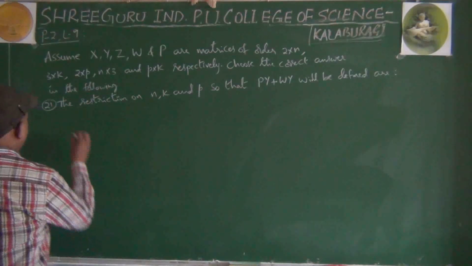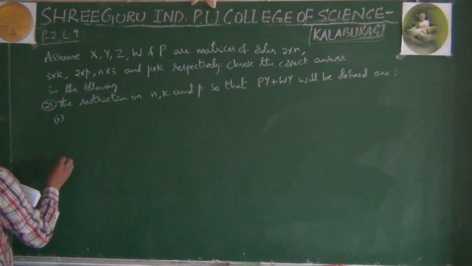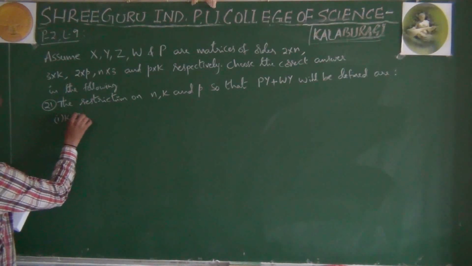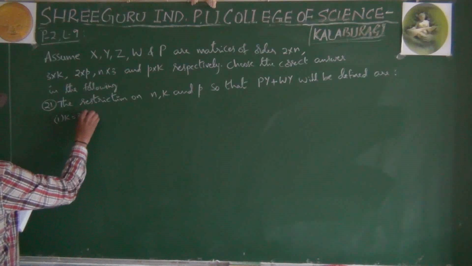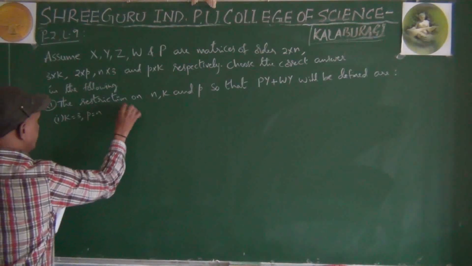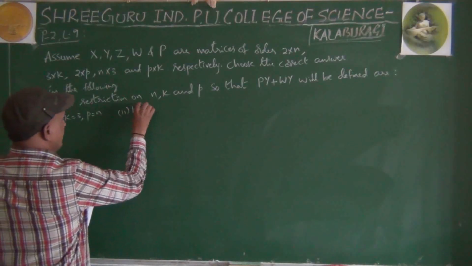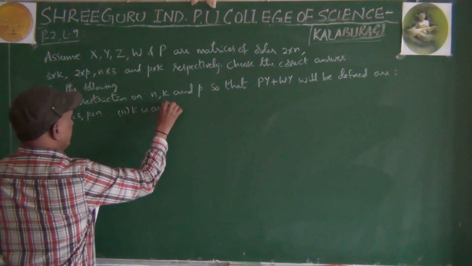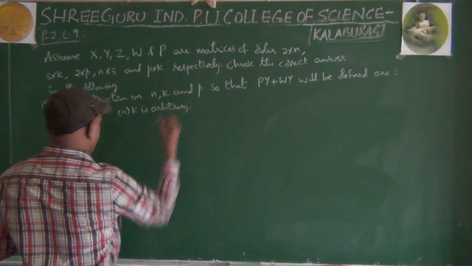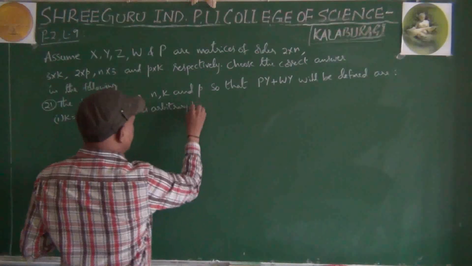The first option: k equal to 3, p equal to n. Second option: k is arbitrary, p equal to 2.